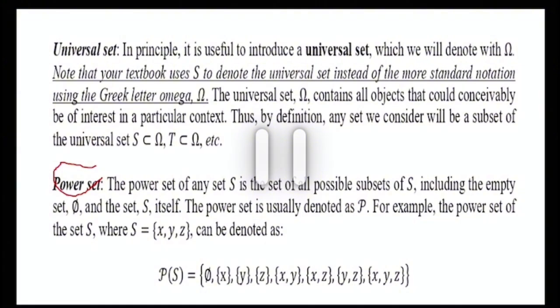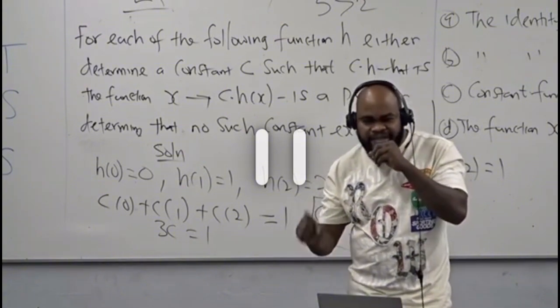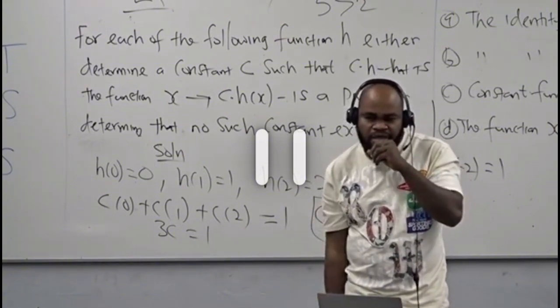Now, the power of a set is going to talk about the possible number of subsets that I can have in a set. I'm going to say that again. The possible number of subsets I can have in a set, and I need you to pay attention. If you want to answer a question that has to do with the power of a set, you need to have an understanding of the sample space.